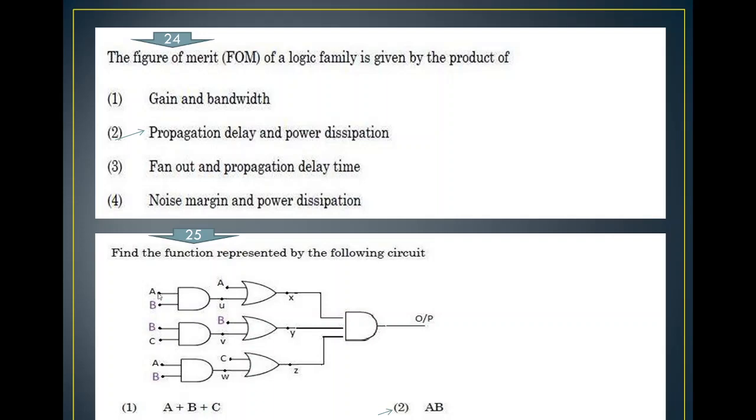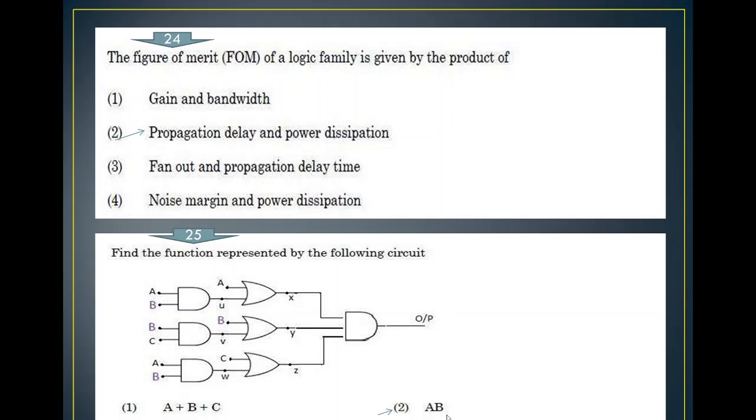So simply, when you apply A and B, you get the output at point U, A dot B, and when it is applied again in an OR gate, then you get A plus A dot B equal to X. Similarly, at point Y, you get B plus B dot C, and at point Z, you get C plus A dot B, and all go through the AND gate, and you get the output expression, and then you can solve, you get AB.